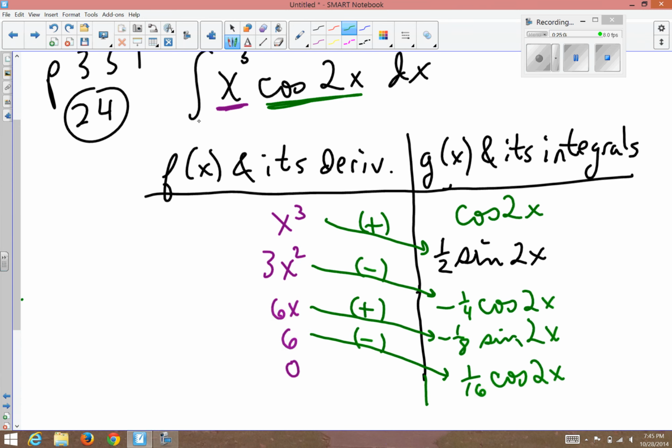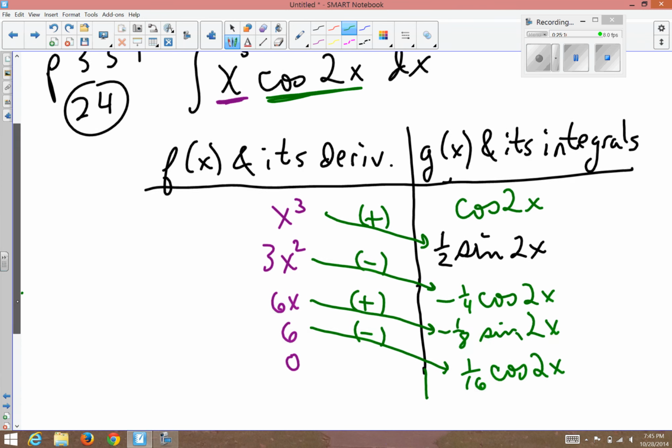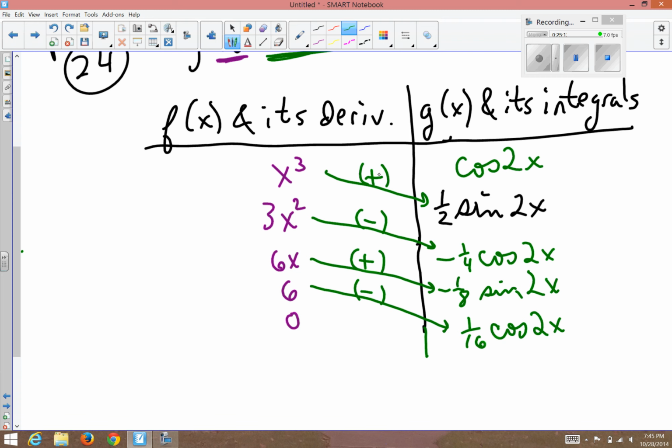The answer to this problem here, exercise 24, is going to be positive, see the sign and the arrow, this times this. I'm going to multiply the ones that are connected, minus sign on top of the arrow, this purple times this green, plus, what's the sign here, that times that, and then negative that times that.